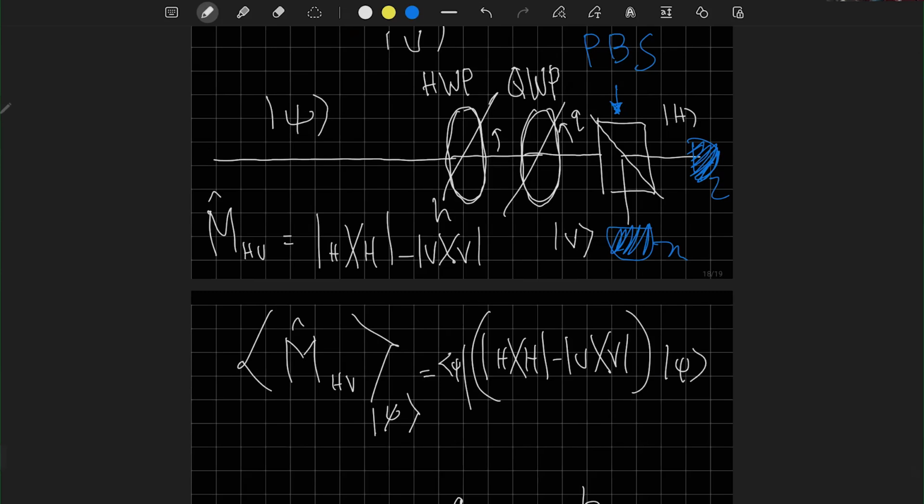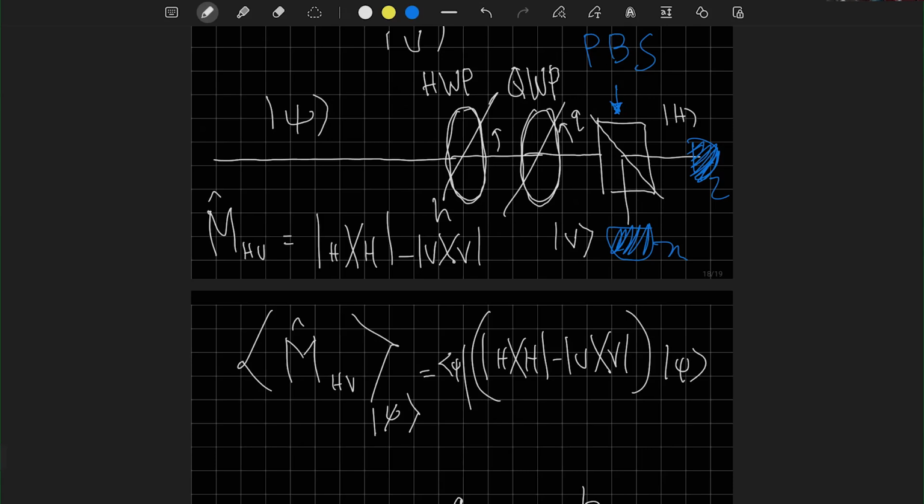These two objects here are not Hadamard gates, they are rotation operators. And what kind of rotation operator? It depends upon the angle h and the angle q. They have their own unitary matrices. This is a unitary matrix for this and a unitary matrix for this. I can write out the unitary matrix as well.